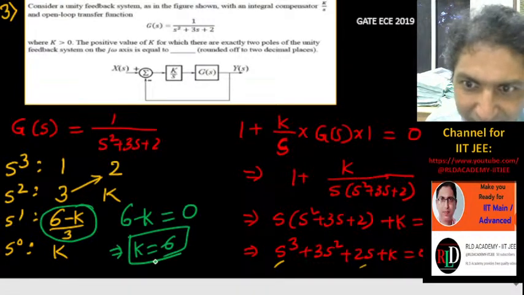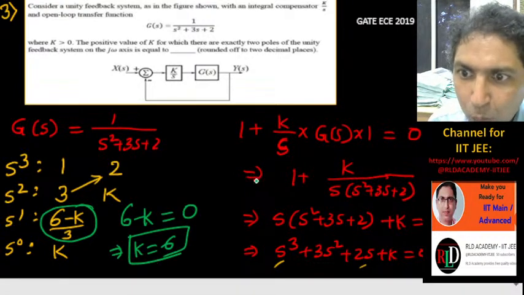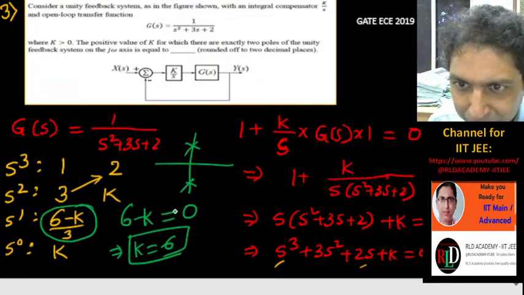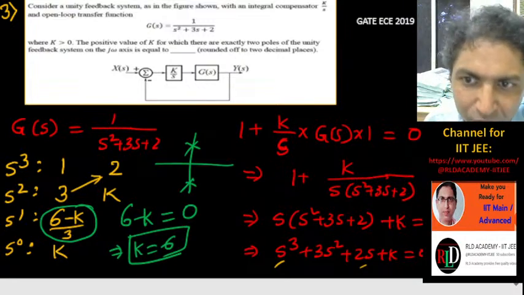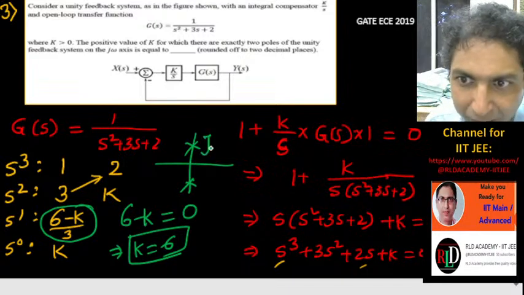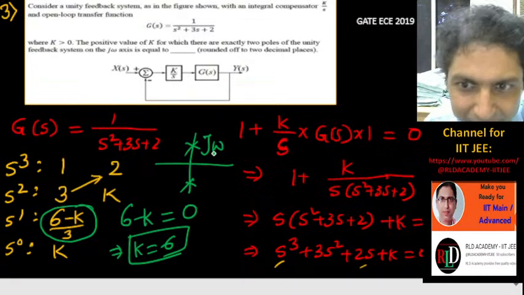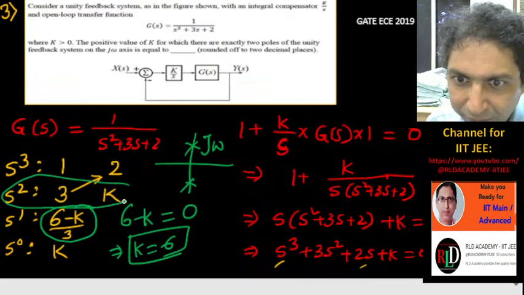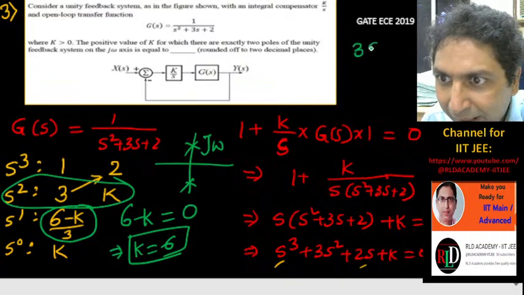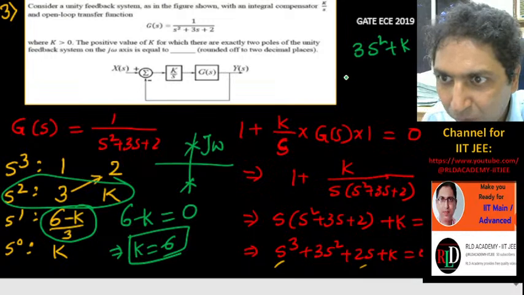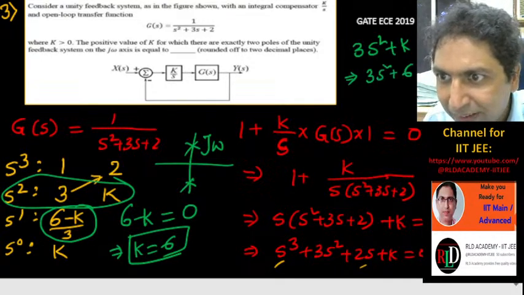For k equal to 6, you will have two poles on the imaginary axis, here and here. If the question was what is the location, what is the frequency, it is j omega. So how to find out omega? From the auxiliary equation, 3s square plus k equals 0, and we can replace k, which we already got: 3s square plus 6 equals 0.